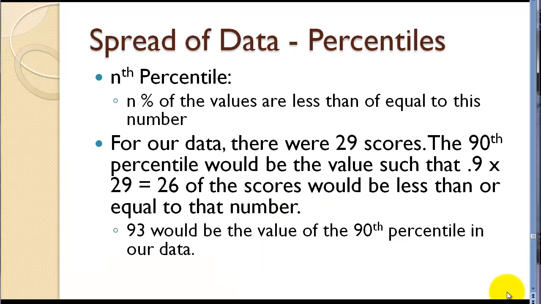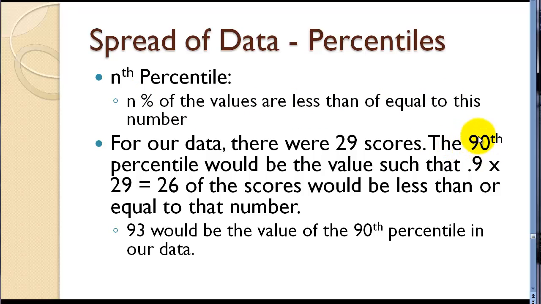Sometimes we want a finer view of where data lies. Sometimes we use percentiles, or sometimes deciles, which would be every 10. So a percentile, whatever the number is, is the value in the table where that percentage of values are less than or equal to a particular number.